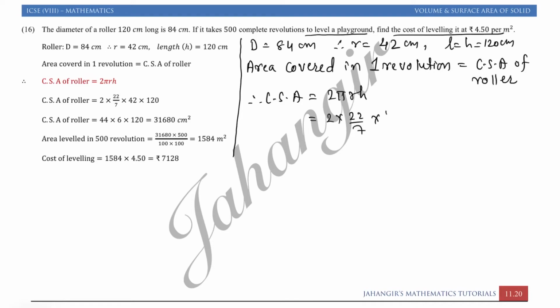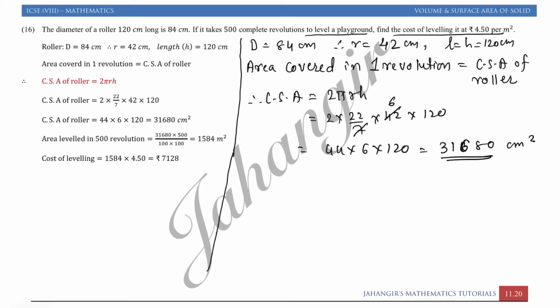So we can write 42 as radius and 120 centimeter as length. So cancel out 7 ones are 7, 6 are, so 44 into 6 into 120, that is 31680 centimeter square.